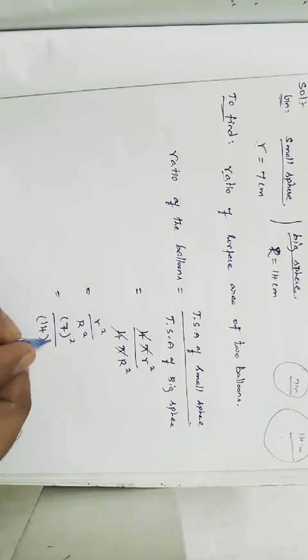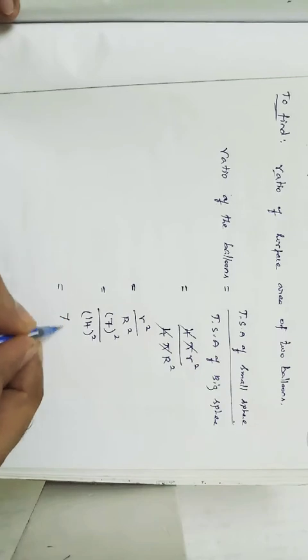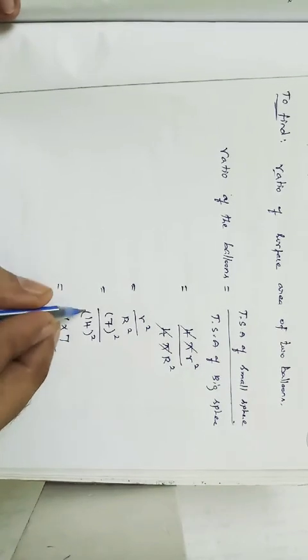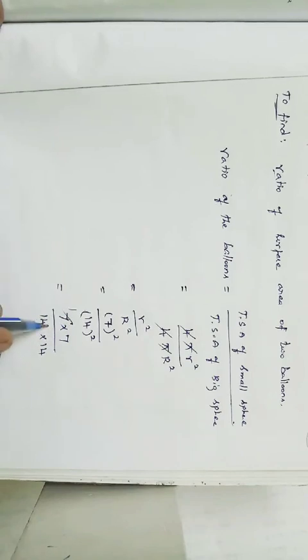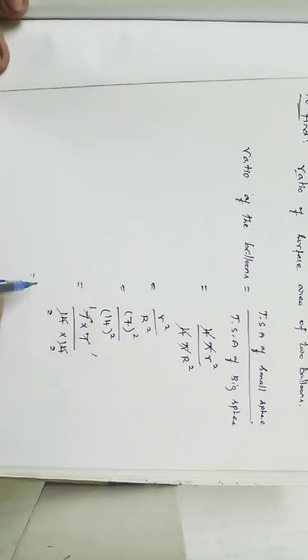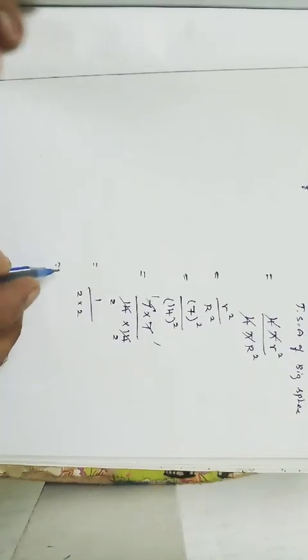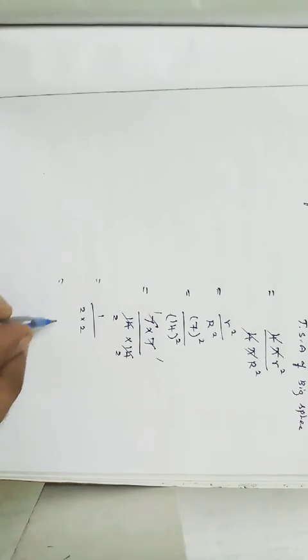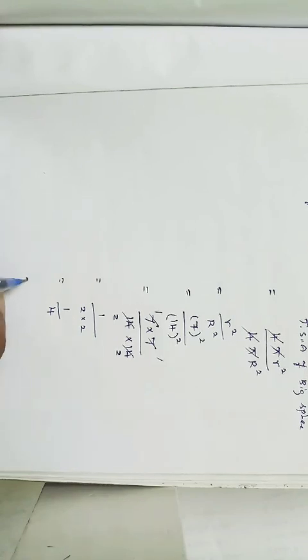Simplify: 7 square is 7 into 7, divided by 14 into 14. 1 time, 2 times, so it is 1 by 2 into 2 is equal to 1 by 4. Therefore, the ratio of the two balloons is 1:4.